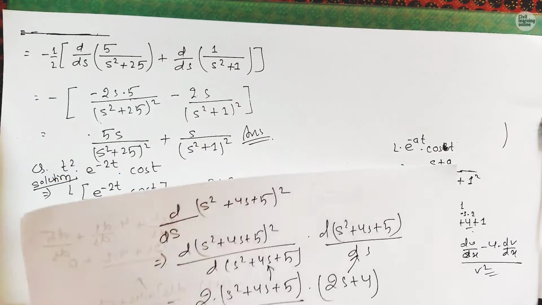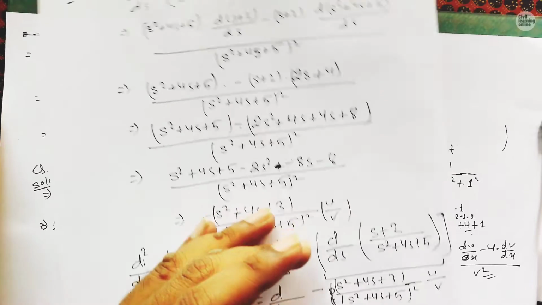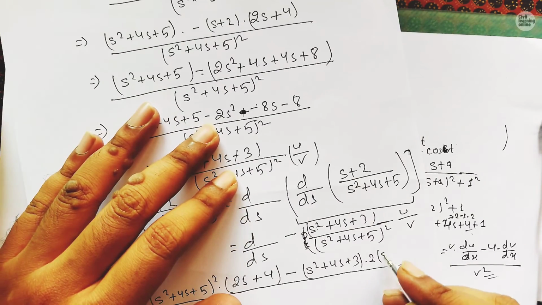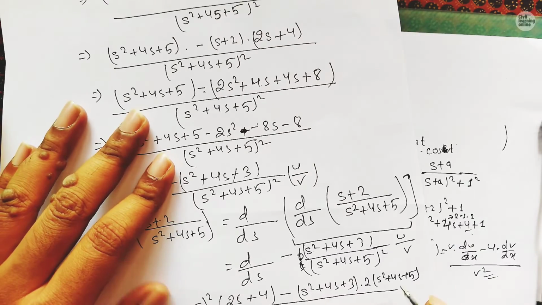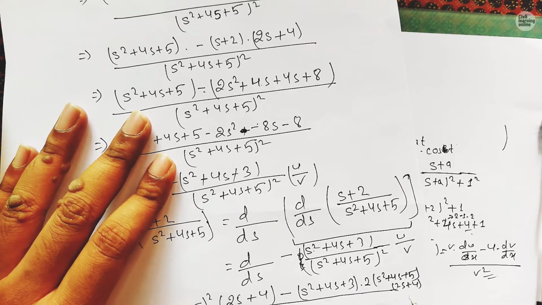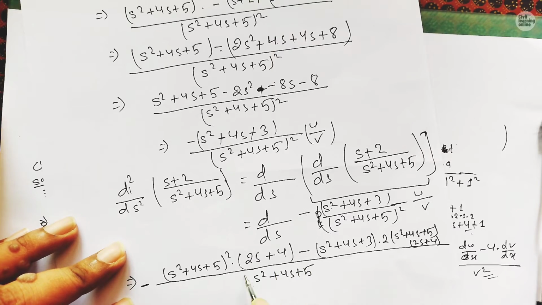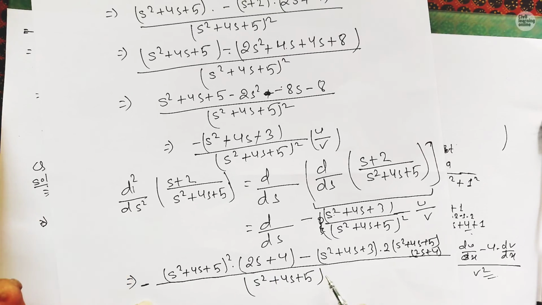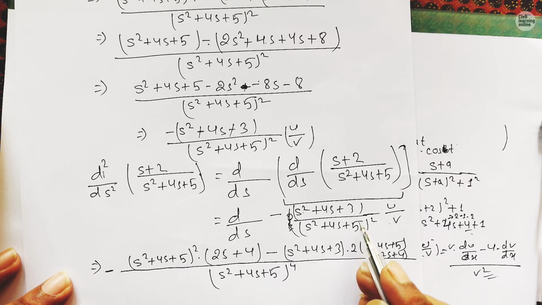So we will have here two times (s square plus 4s plus 5) and (2s plus 4) upon (s square plus 4s plus 5) to the power 4. This is v square, actually we have u upon v, so in the lower portion this is 2, so 2 square you will get 4.